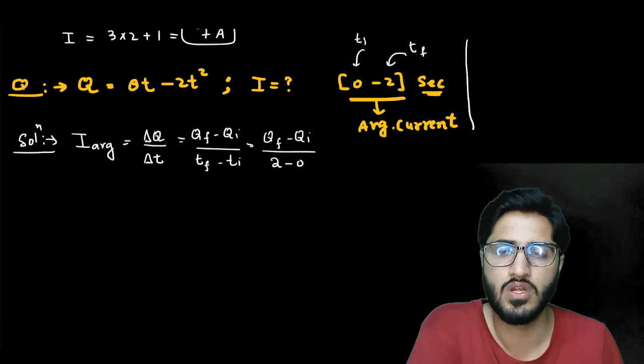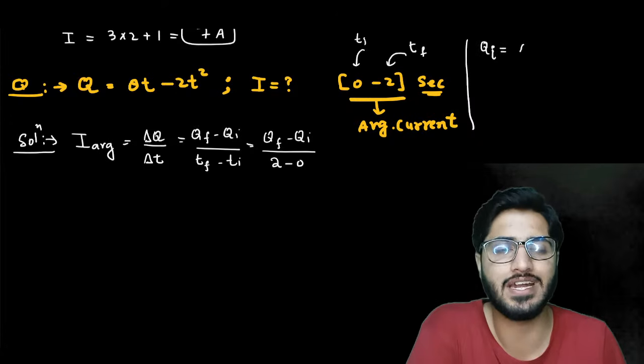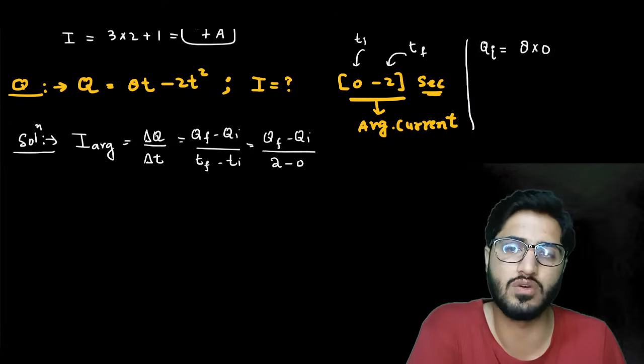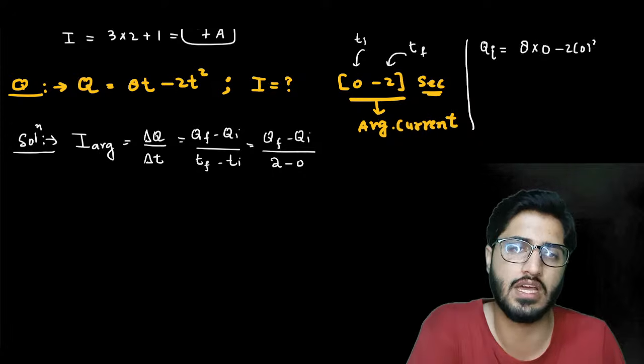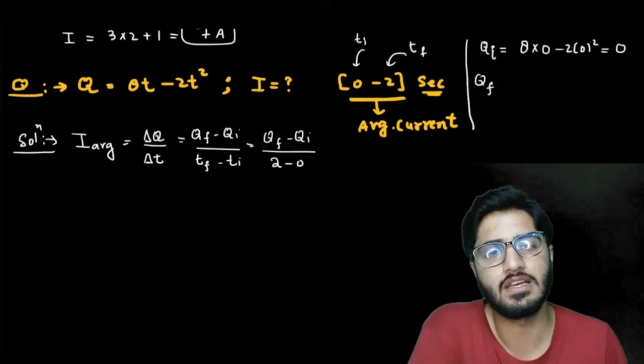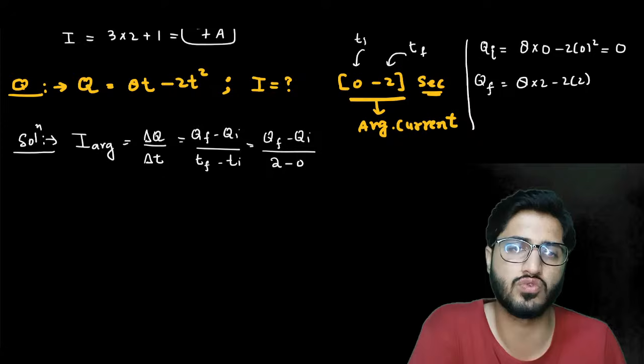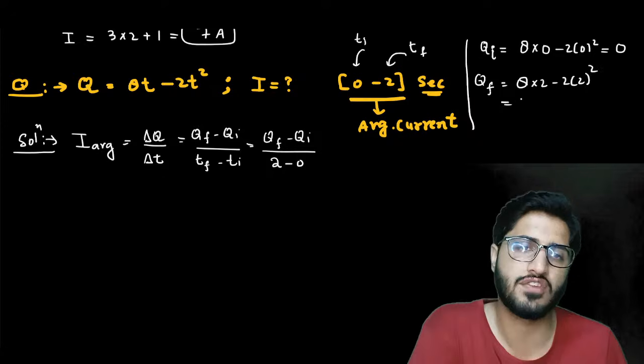Now what are Q final and Q initial? Q initial is 8 into 0 minus 2 into 0 square, so the answer is 0. Q final is 8 into 2 minus 2 into 2 square. 8 twos are 16, minus 2 twos are 4, twos are 8. My answer is 8.